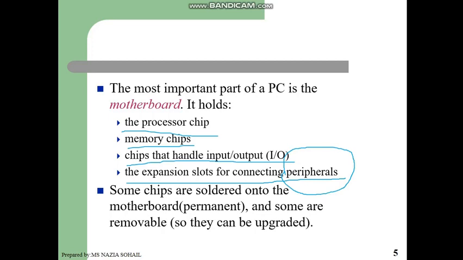Some chips are soldered onto the motherboard permanently and some are removable, so they can be upgraded. So we can say that our system has both permanent and removable, upgradeable accessories. This is the complete short introduction to the motherboard.